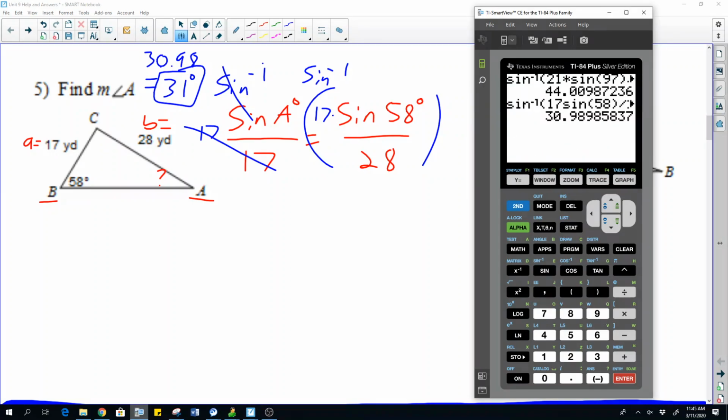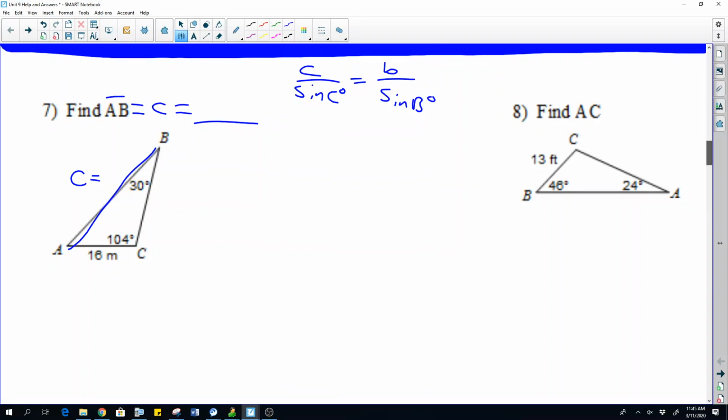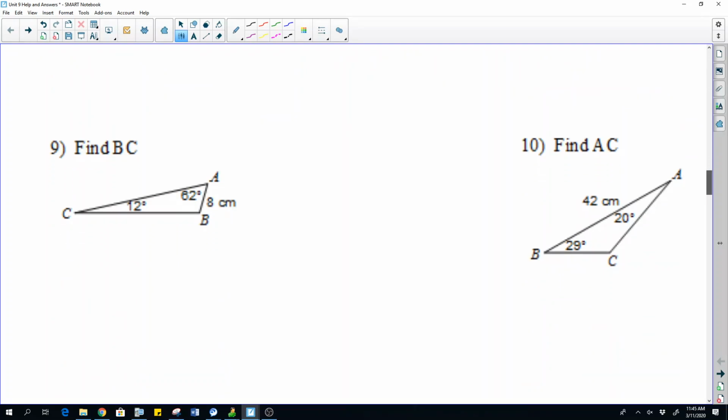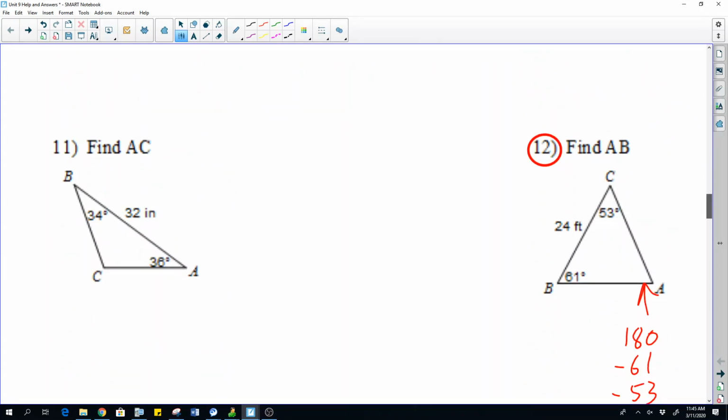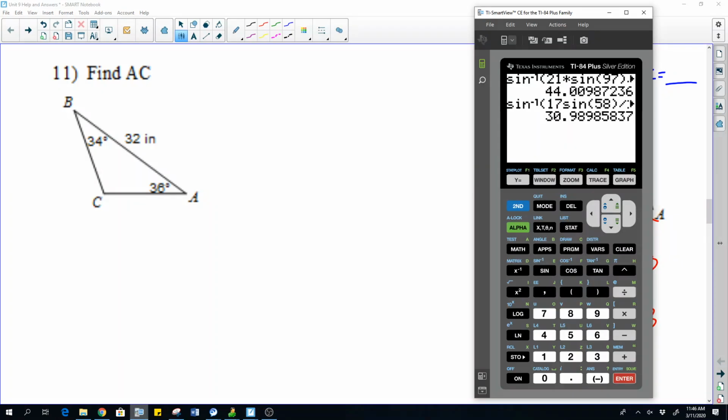Beautiful. So that's for finding an angle. What if you're finding a side length? Number 7, you'd use that formula, but let's try a different one. In fact, let's do number 12 because that is a tricky one. I circled that one because before you can use the law of sines and find side length AB, which is from here to here, so before we can find little c, which is what we're trying to find, we actually have to do 180 minus those two angles.